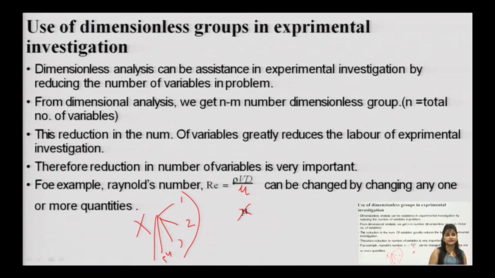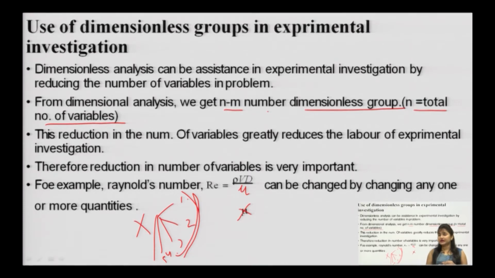This is the first point. Second point, from dimensional analysis you get how many terms are being used: n minus m dimensionless groups, where n is the total number of variables, like 1, 2, 3, 4, 5, there were 5 variables, and m is the number of fundamental dimensions, which we have as M, L, T. It also reduces the number of variables with less labor of experimental investigation.